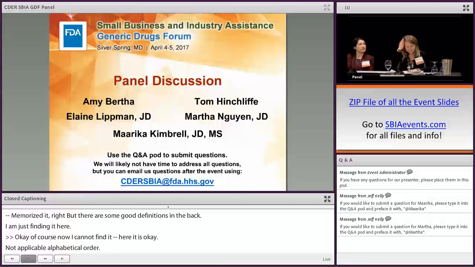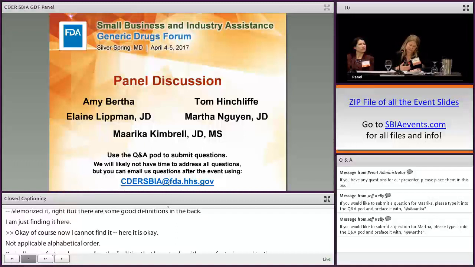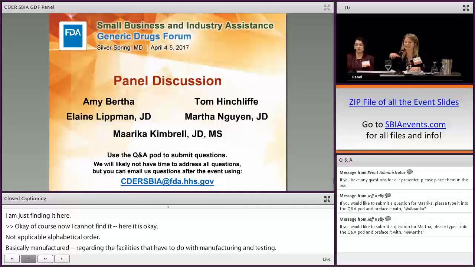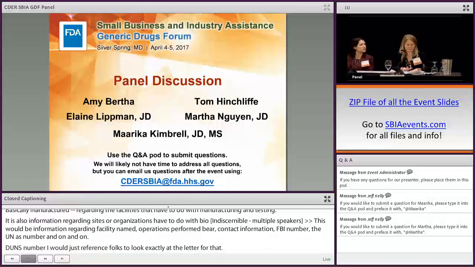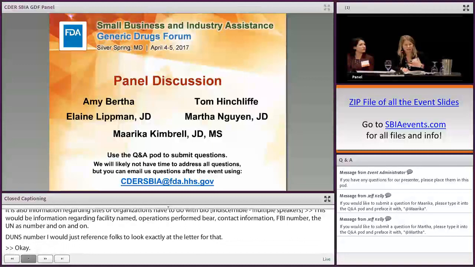To the first part, for what information, the letter itself outlines some more specifics about the PFC. I always like to reference the letter because I know everyone's already memorized it, right? But there are some good definitions in the back. Okay, here it is. It's not in alphabetical order.